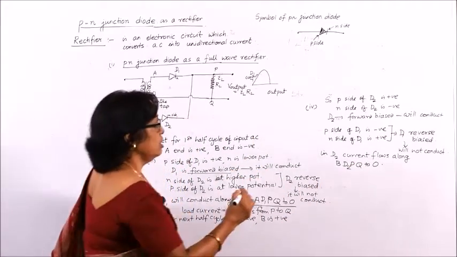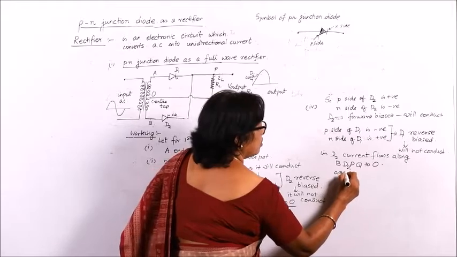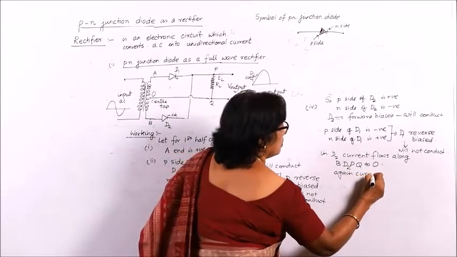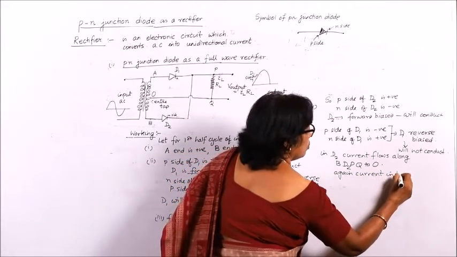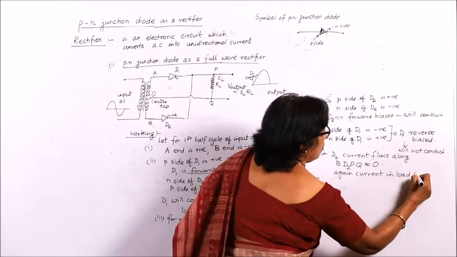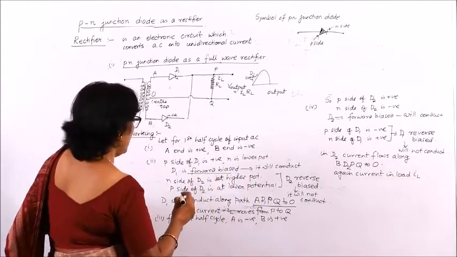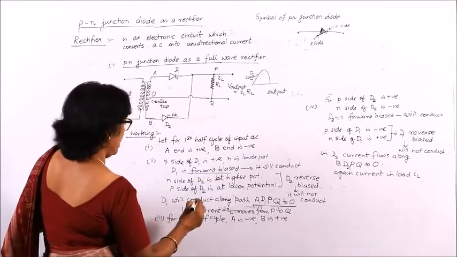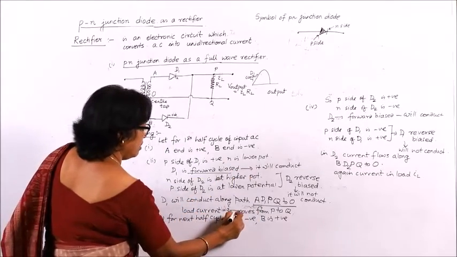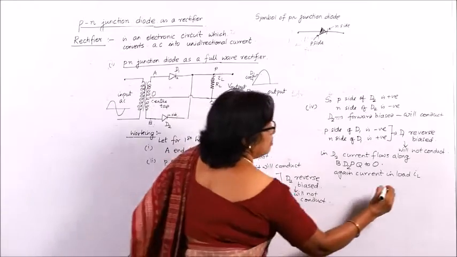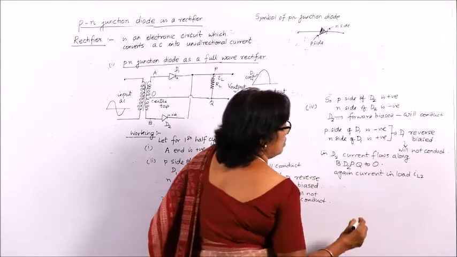So, again you see the current in the load, which is IL, let us say IL1 for the first diode and IL2 for the second diode.